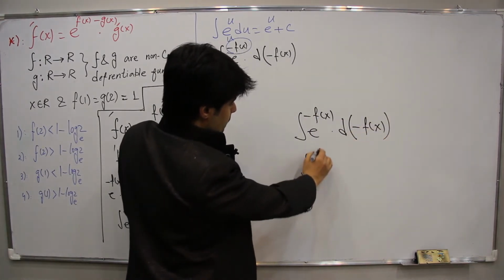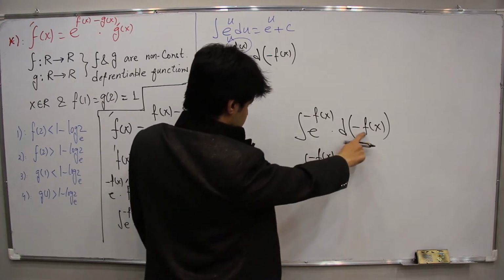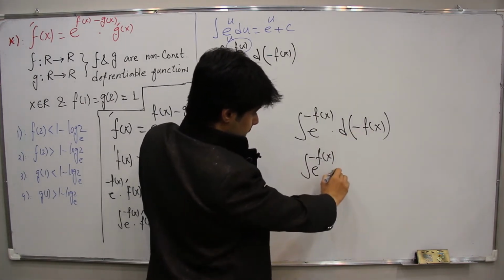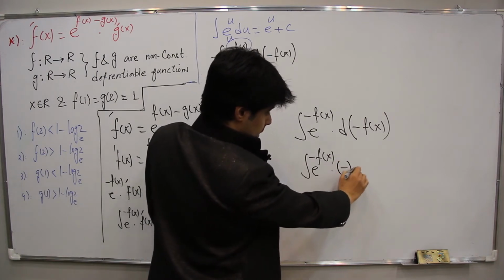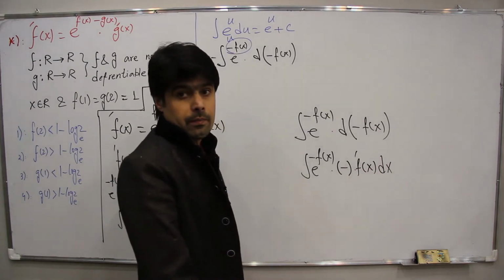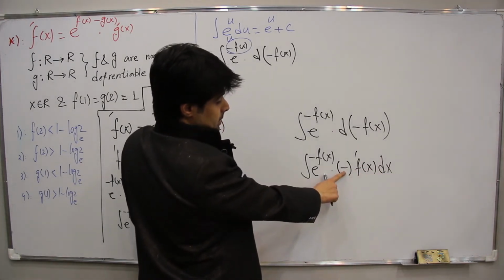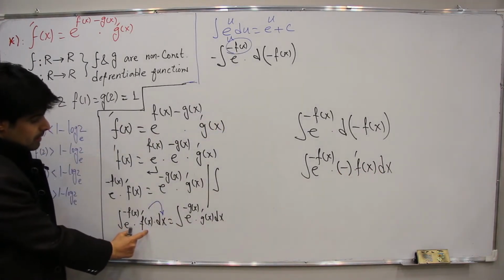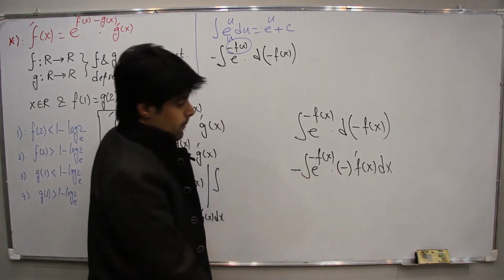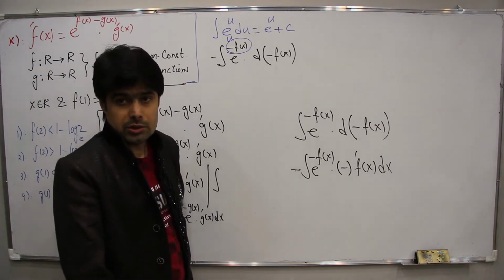It means e to the power minus f(x). Now what's the differentiation of d minus f(x)? It is minus f dash x dx. Now we have 1 minus, but in the question we don't have any minus, so I have to write 1 minus here, this minus and this minus. I think it becomes positive.